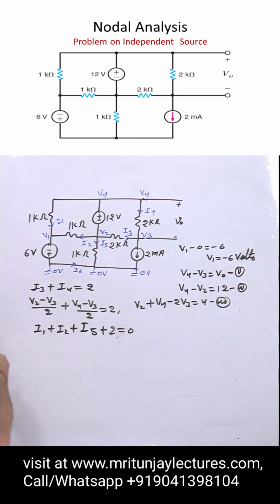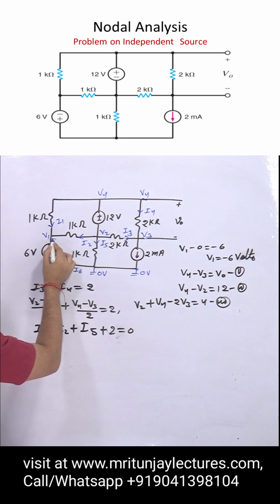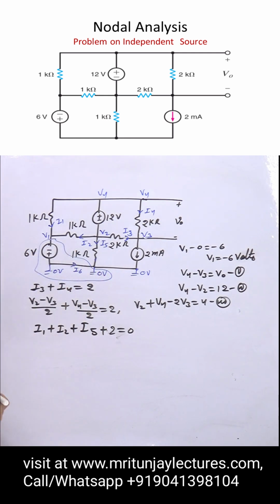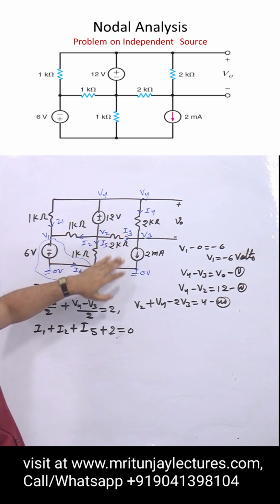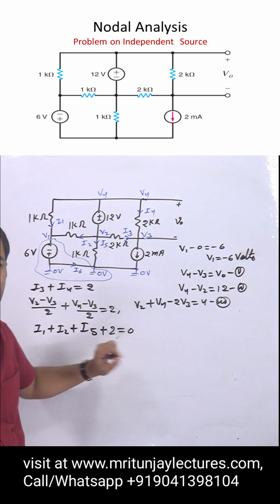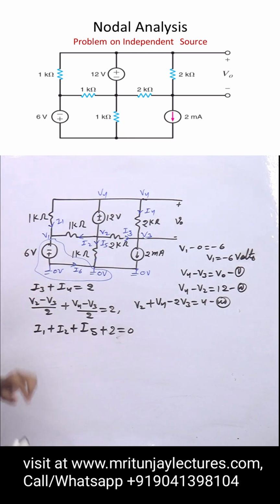Apply supernode. Clear or not? I1 plus I2 is the incoming current, plus I5 plus 2 milliampere, this will be equal to 0. Clear or not? Apply the supernode concept.